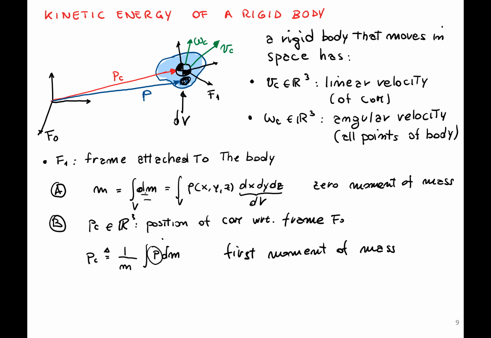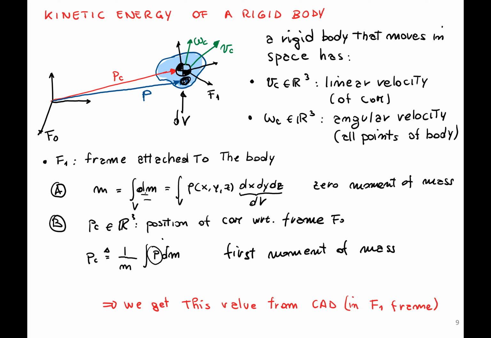The COM position is like the position with respect to which all the point masses balance, right? So it's the position where we can concentrate, ideally as a point mass, the whole rigid body. And where do we get the center of mass position?